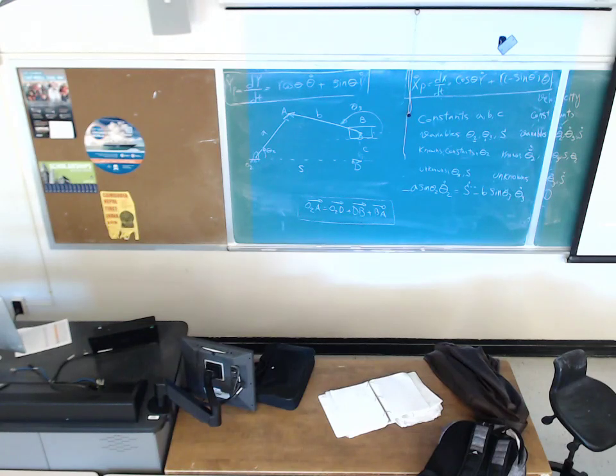Second equation is this one. Instead of having a cosine of theta 2, I'm going to differentiate a sine of theta 2. The A is constant.